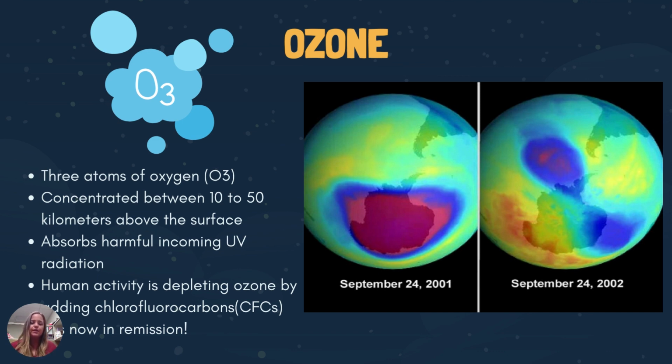But the good news is we've been able to repair a lot of the ozone hole that we were seeing in the Antarctic region or at the South Pole. So in 2001, that shows you an image of what the depletion looked like, and now we have started to recover that. We are emitting far less CFCs than we were previously.